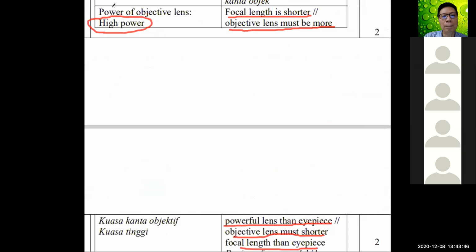Power: objective lens, high power. Reason: focal length shorter. The objective lens must be a more powerful lens than the eyepiece, with a shorter focal length than the eyepiece. This one is for the eyepiece. Objective lens, sorry.